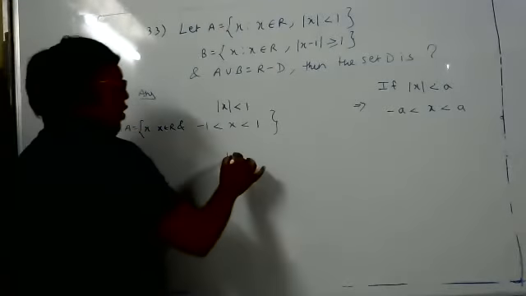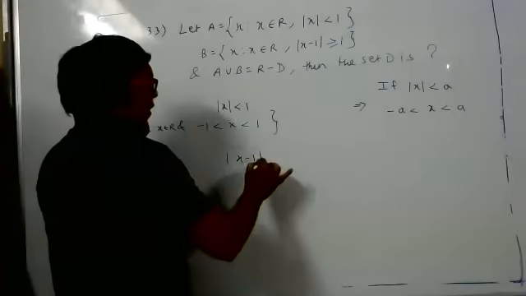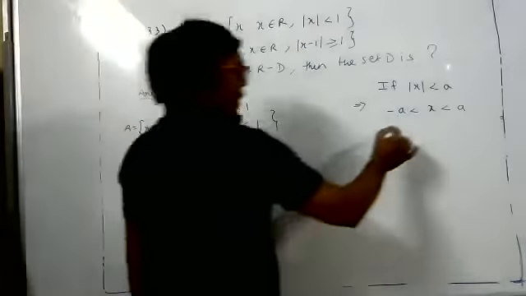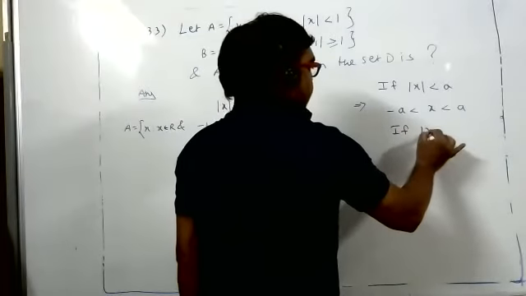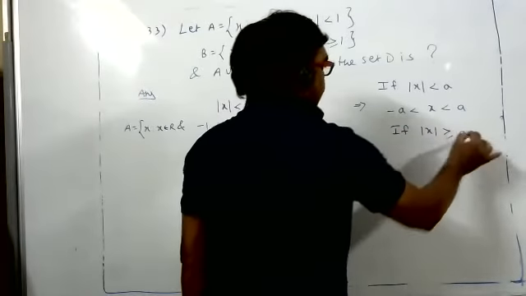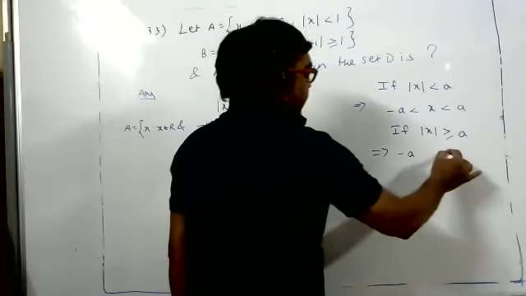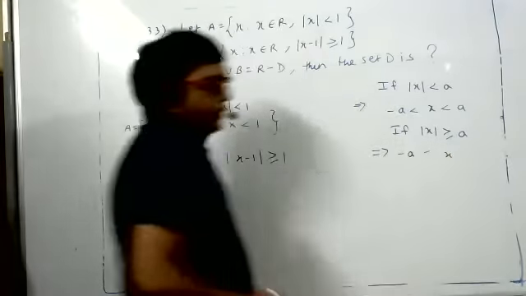Now next is mod X minus 1 greater than or equal to 1. Here also I have given you the result. If mod X is greater than or equal to A, then what can we conclude?